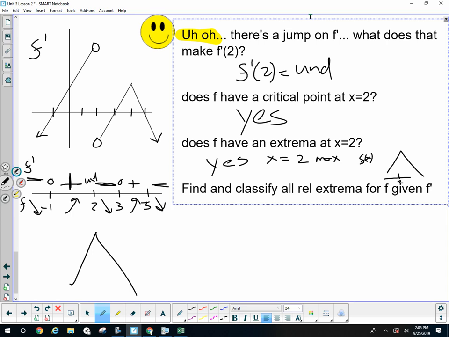If you see an asymptote, that'll be an indication of an asymptote when you look at your graph of f prime. We have a min at -1, a max at 2, a min at 3, a max at 5.